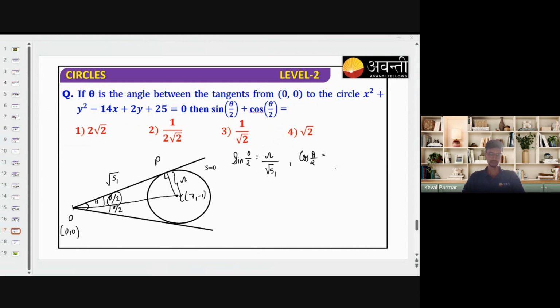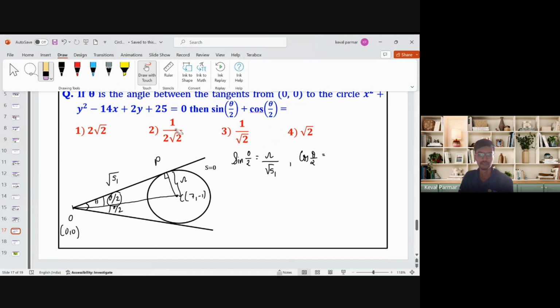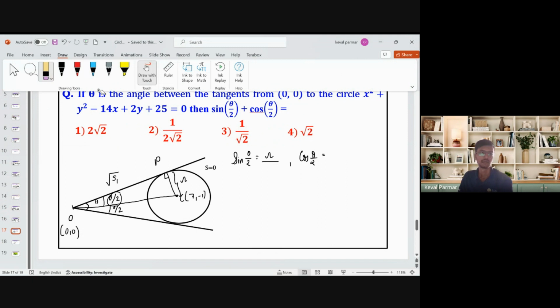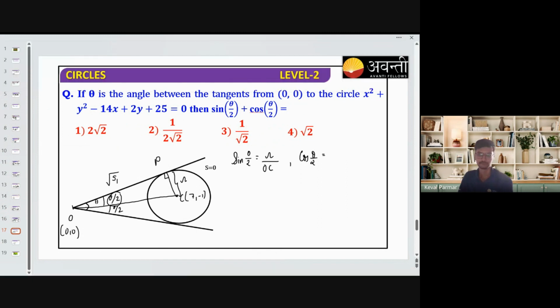I think we made a mistake, right? Hypotenuse is OC. Sorry, hypotenuse is OC, right? Yes, cos theta by 2 is adjacent upon hypotenuse.